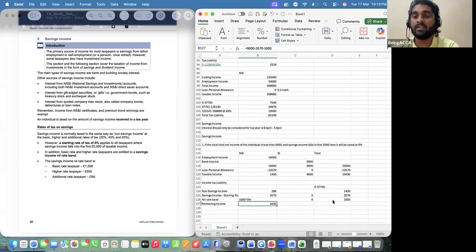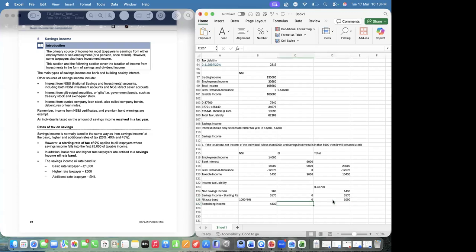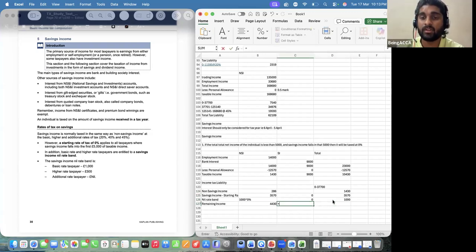After this, is he still falling in the basic rate or is he going to higher rate? Still in the basic rate. Exactly. So this 4,430 should now be multiplied with 20%, which will give you 886 as your liability.